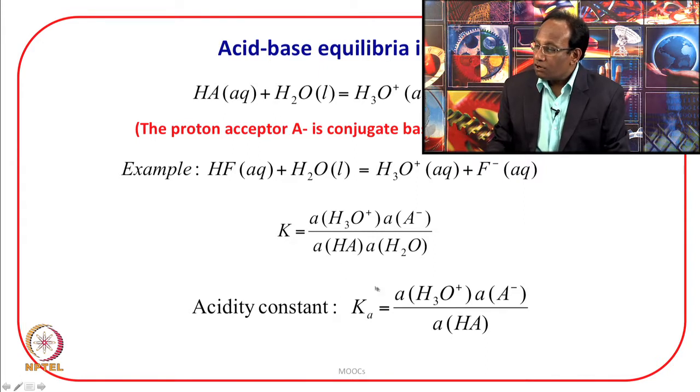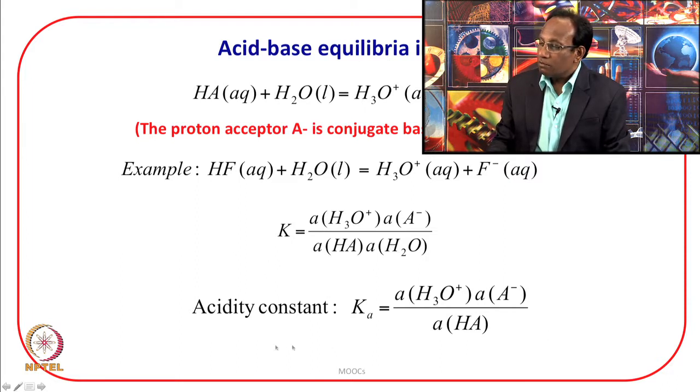So, the acidity constant Ka becomes the activity of hydronium ion into the activity of A minus, which is the conjugate base of the acid HA, divided by the activity of HA. We have taken the activity of water to be 1.